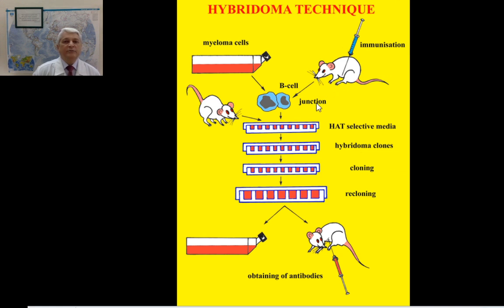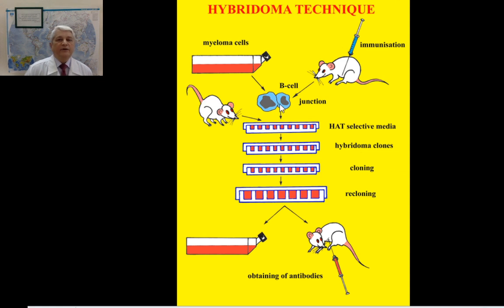Then we take B lymphocytes from this mouse, and we put these B lymphocytes in the same test tube with malignant tumor cells, and then we force junction or fusion of these cells.